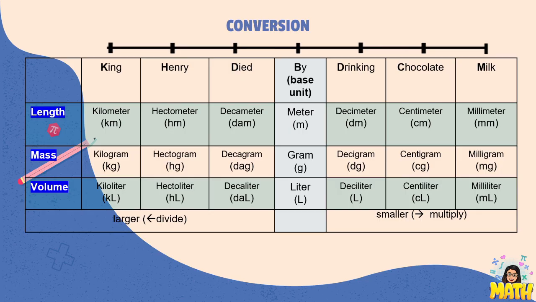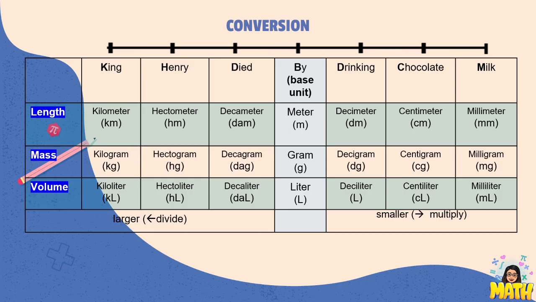For kilo, hecto, deca, deci, centi, and milli, we can easily remember their arrangement by using this mnemonic device. King Henry died by drinking chocolate milk. King for kilo, Henry for hecto, died for deca, by for the base unit, drinking for deci, chocolate for centi, and milk for milli.